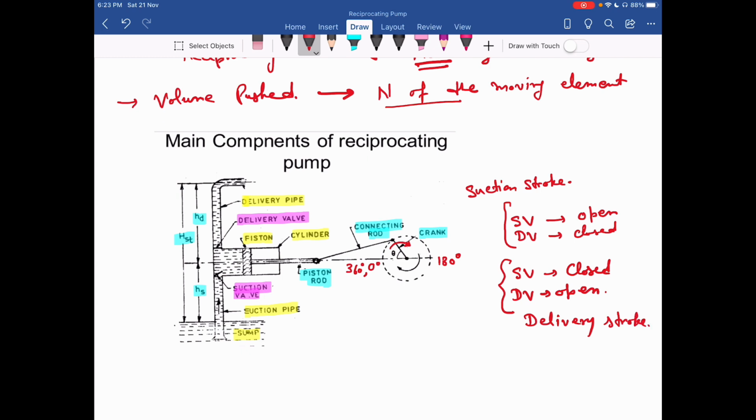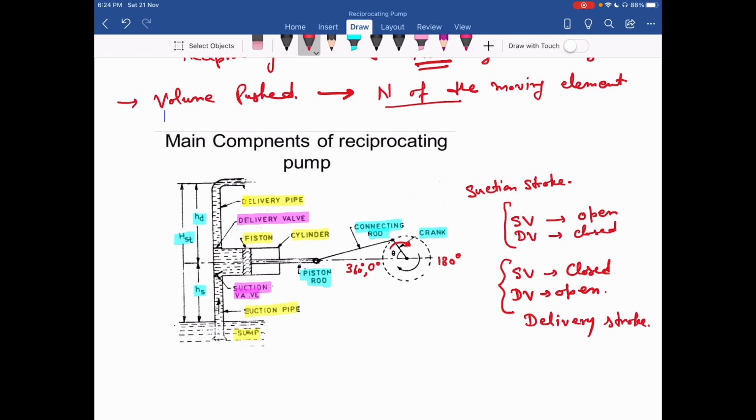This is called delivery stroke. So during this, suction valve is closed and delivery valve is open, and piston moves from extreme right towards the left direction. Okay. So during this stroke, the delivery is available, or you can say the liquid is available on delivery pipe.